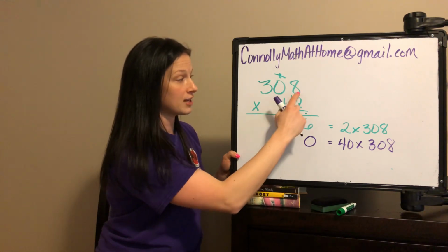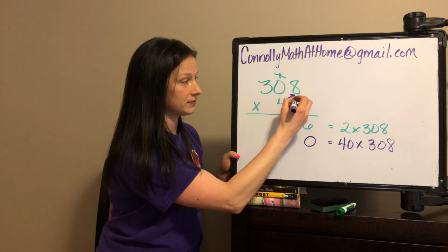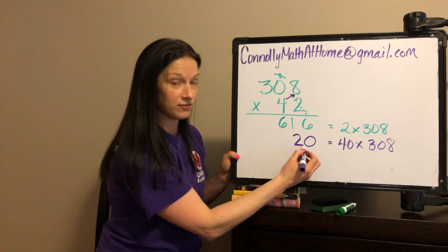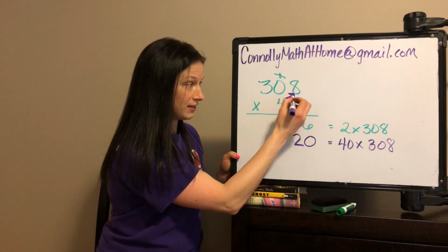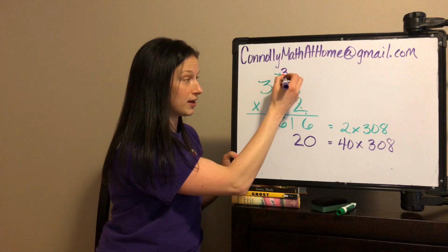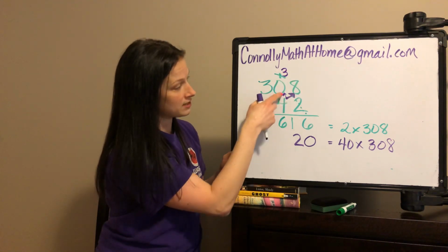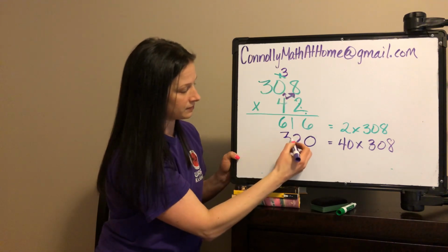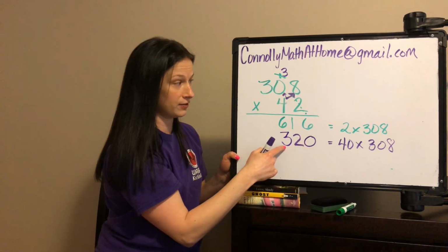So 4 times 8, we're coming here, 32. Now, don't get confused. After you multiply here, you carry to the very next place value. Don't go anywhere else. Okay? 4 times 0 is 0, plus 3. We put our 3 here.